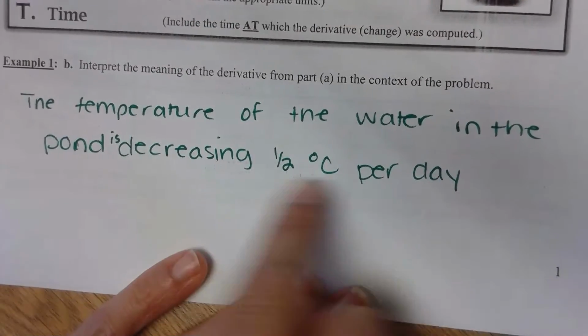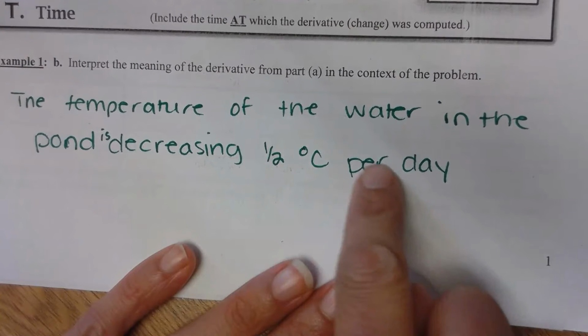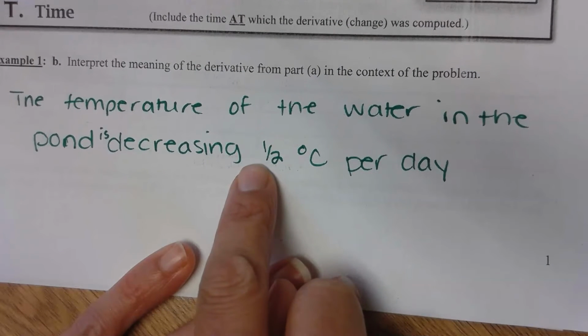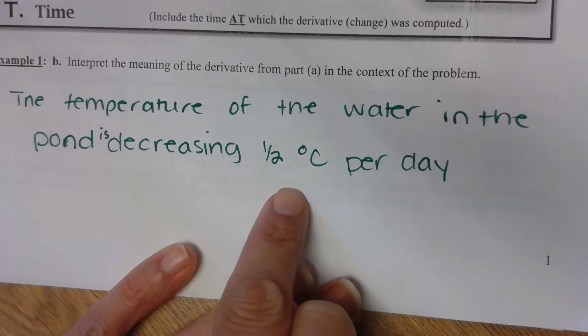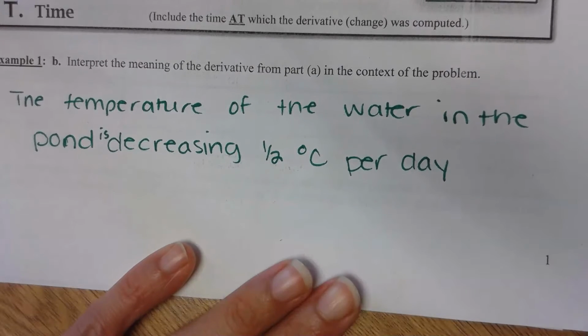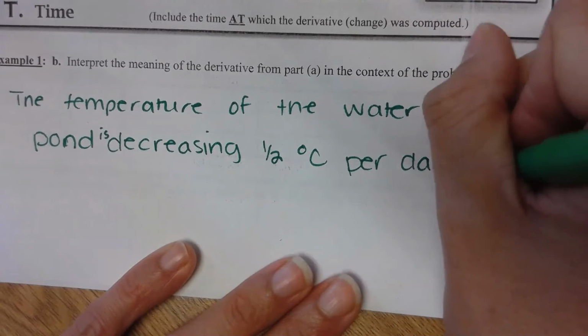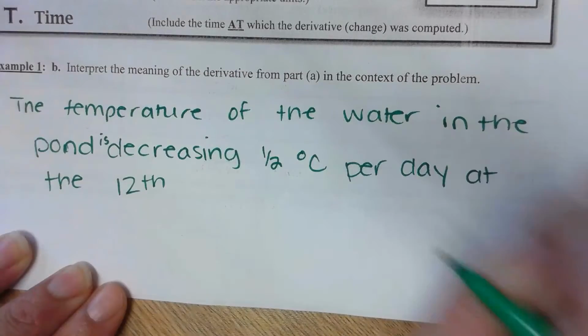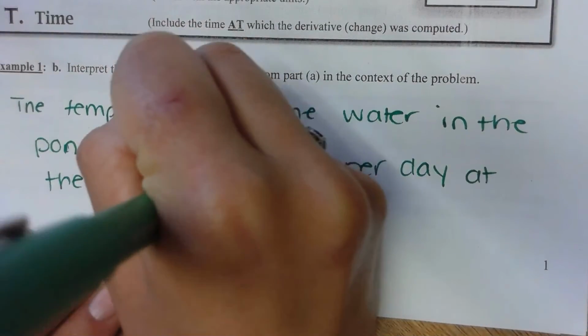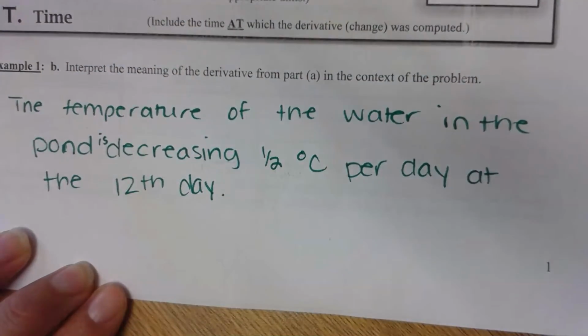So the temperature of the water in the pond is decreasing 1/2 degrees Celsius per day. Do not put a negative on the 1/2 if you use the word decreasing. The word decreasing implies the negative at the 12th day or on the 12th day. Okay?